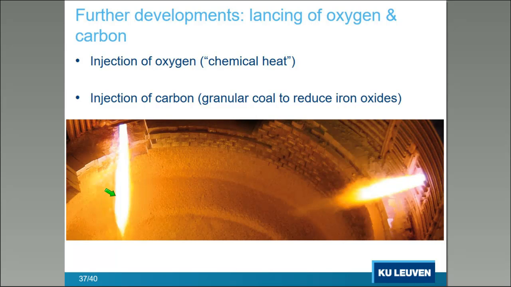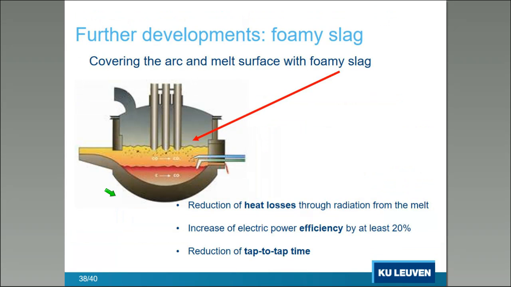These kinds of injections of oxygen and of carbon give a very beneficial effect, the so-called foamy slag. You see here in red on the bottom the melting bath, so the metal. On top of the metal you have the dust material, the carbon material, that we call the slag.